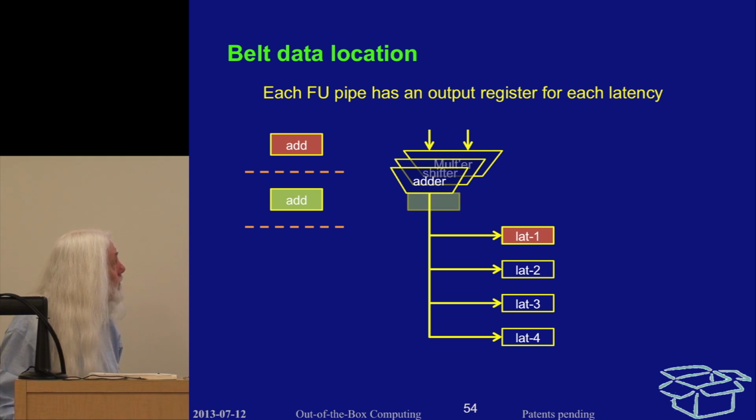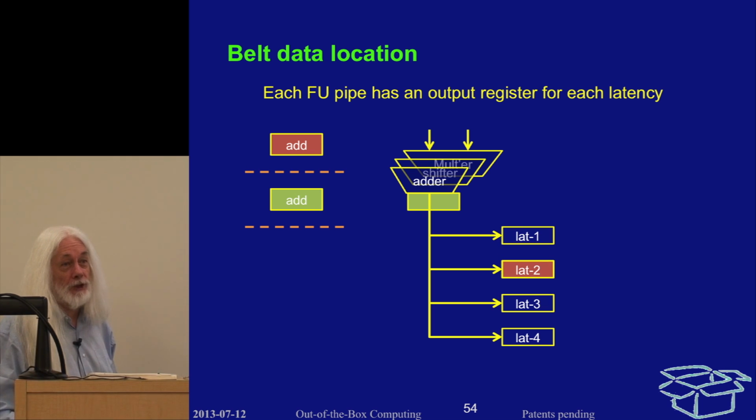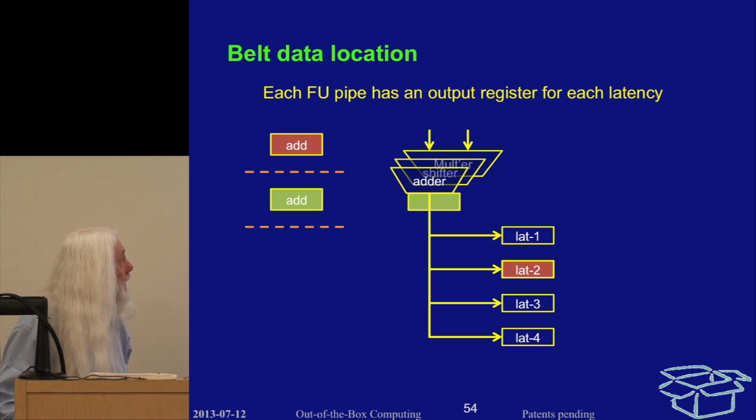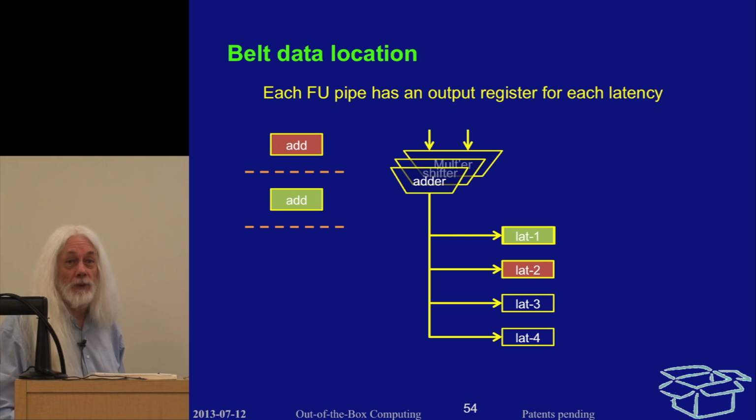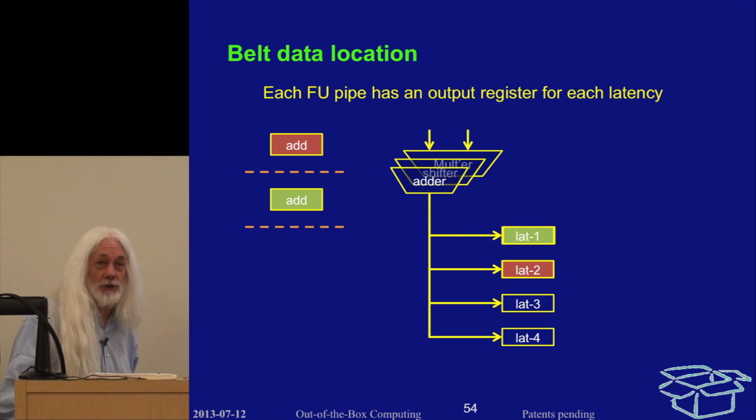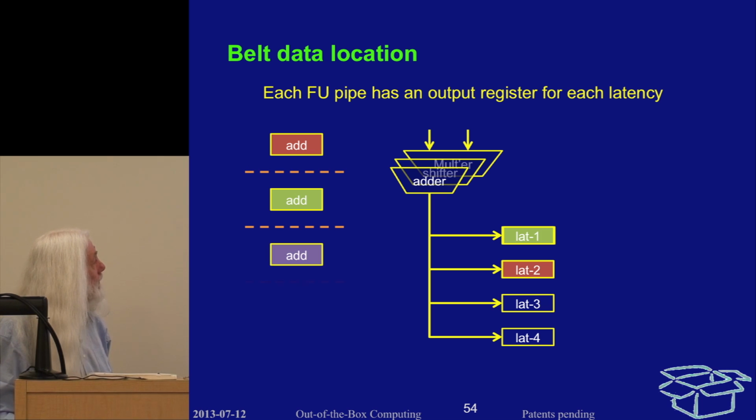So that add will go. We can move the one that used to be in the latency 1 to the latency 2 register and put our new latency 1 result into that latency 1 register. Well, this obviously daisy chains nicely. The next add.